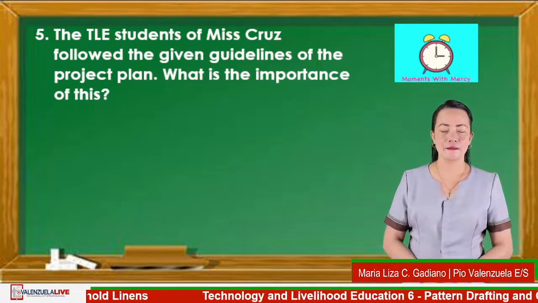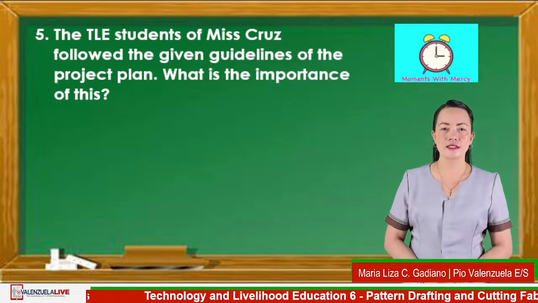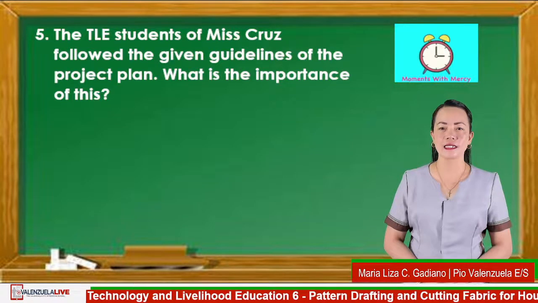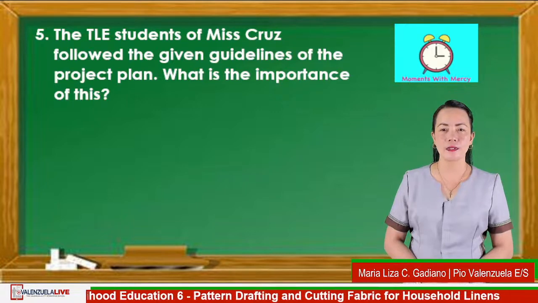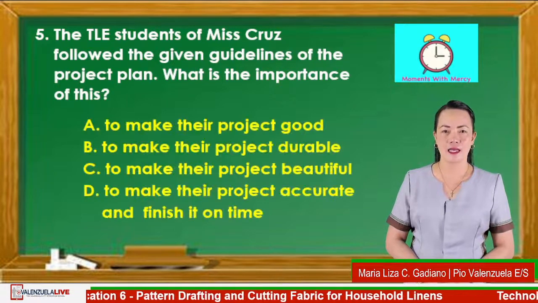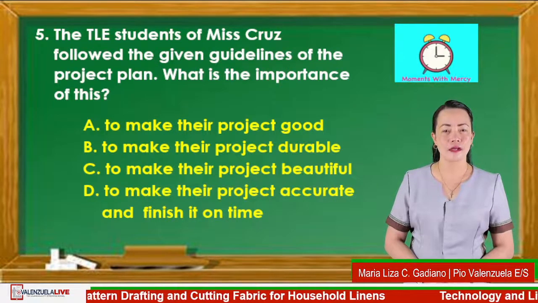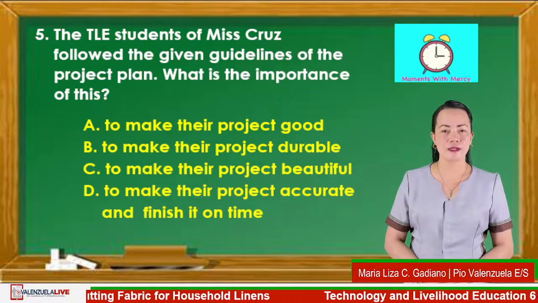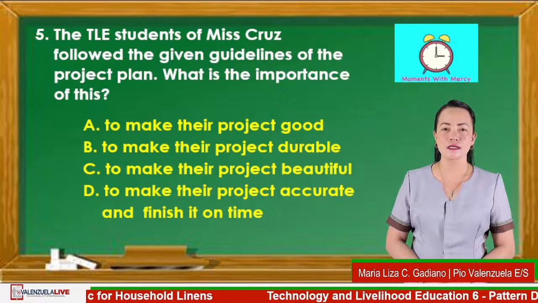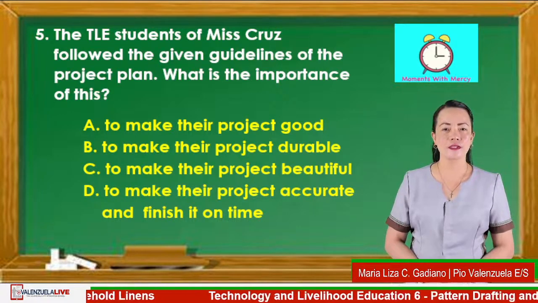Number 5. The TLE students of Miss Cruz follow the given guidelines of the project plan. What is the importance of this? A. To make their project good. B. To make their project durable. C. To make their project beautiful.